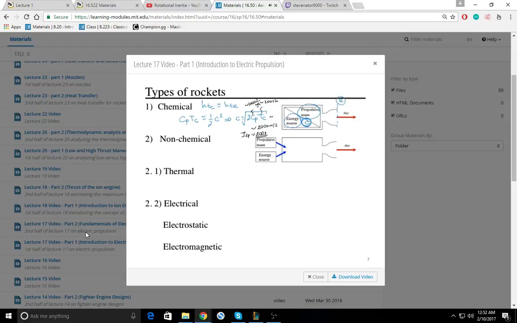Now, to increase that value, we need another way to accelerate our propellant, and that's where non-chemical rockets come at play. In non-chemical, we have a propulsive mass that's different from the energy source, and the energy source to provide that acceleration typically comes from either solar panels, nuclear reactors, or batteries.